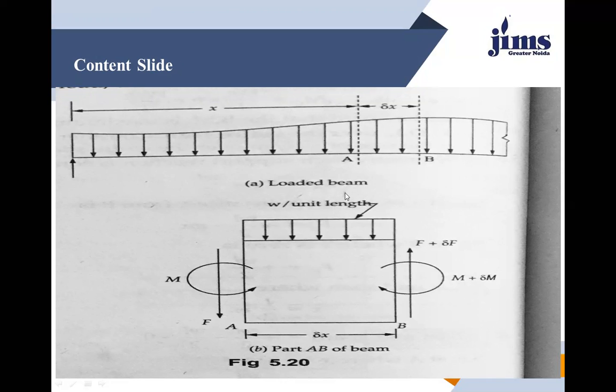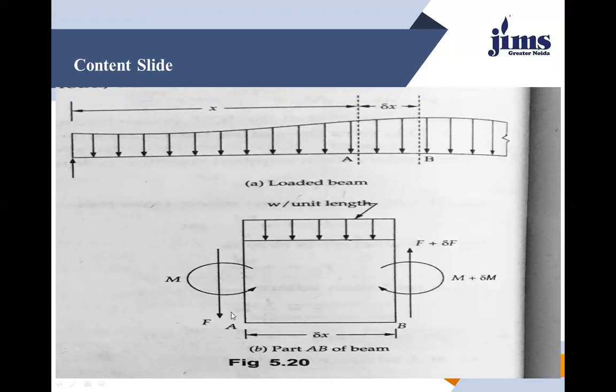So if shear force at A is F, let's assume, and bending moment at A is M, then the shear force at B will be increasing or decreasing. So F plus delta F, delta F may be negative or positive.